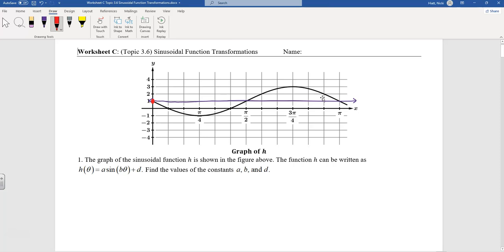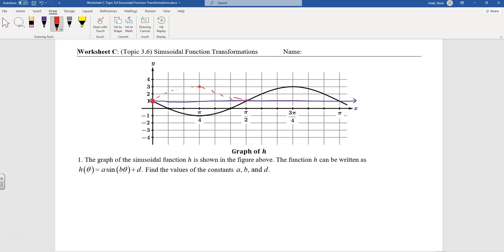It does not, because normally sine would look like this. We'd have the positive part first, then the negative. So there are two ways to deal with that whenever that happens. You can either use a phase shift, shift it to the left or to the right, or you can reflect it over the x-axis.